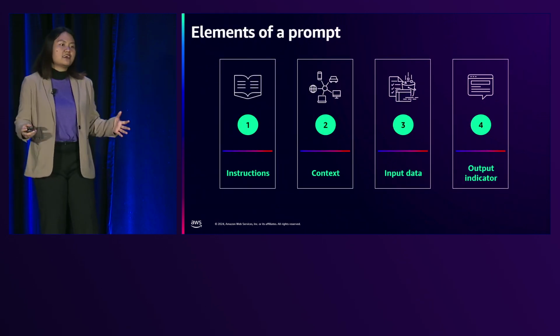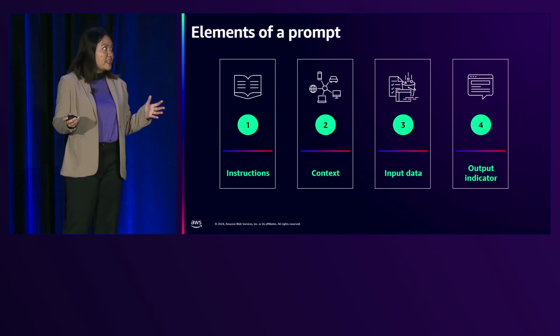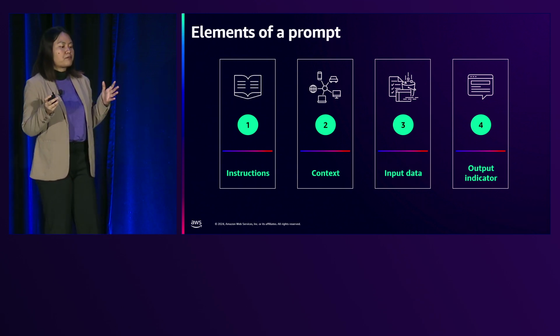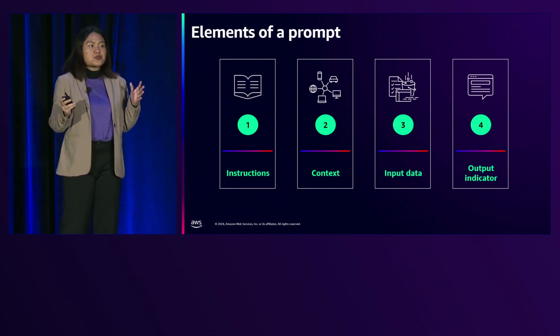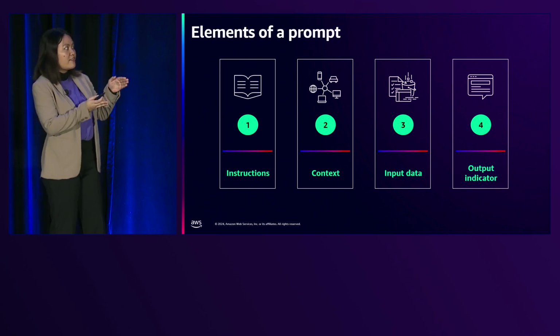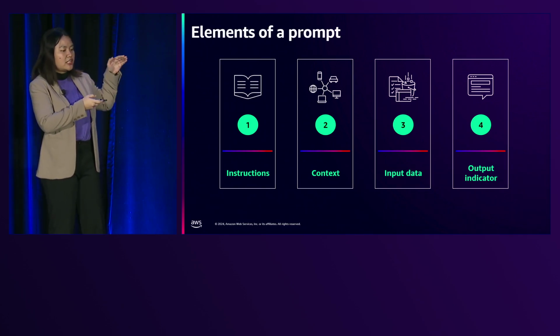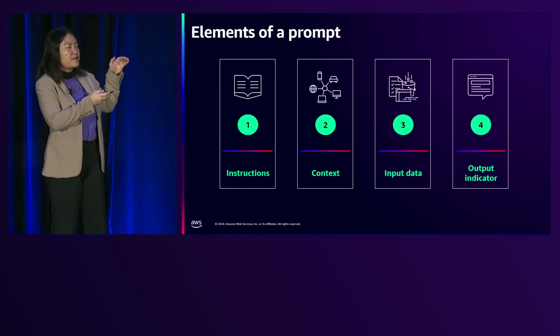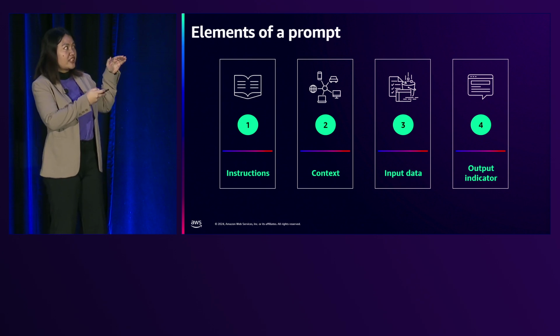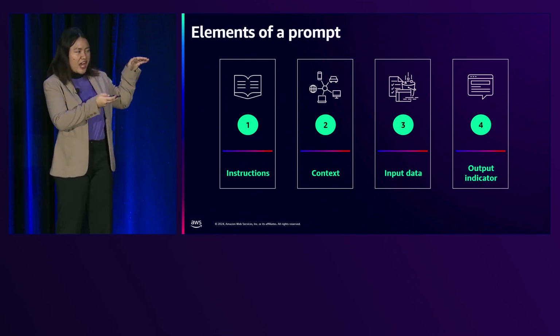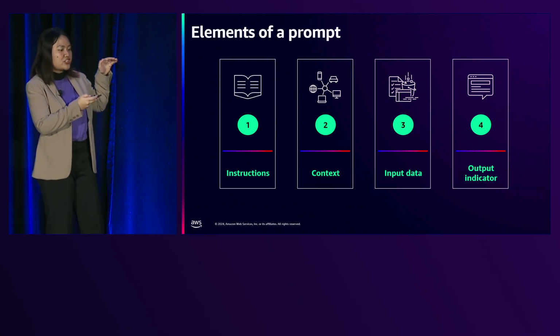And if we take a look, there are some elements inside your prompt. The first one is that you need to have a set of instructions, where you want to ask a question, generate content, or maybe generate an image. So you need to provide a set of instructions.